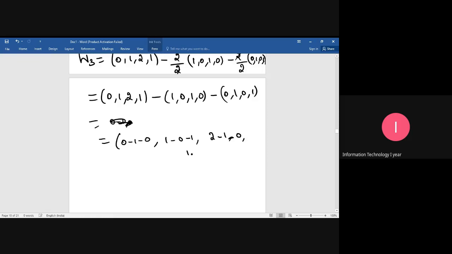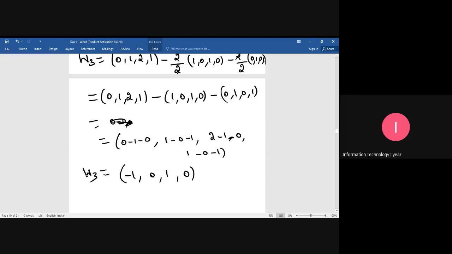Fourth element is 1 minus 0 minus 1. Okay. This is actually minus 1. 1 minus 1 is 0. 2 minus 1 is 1. It is 0. So minus 1, 0, 1, 0. This is the answer for W3.